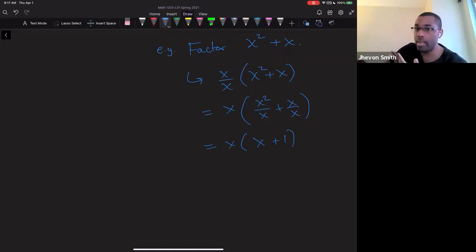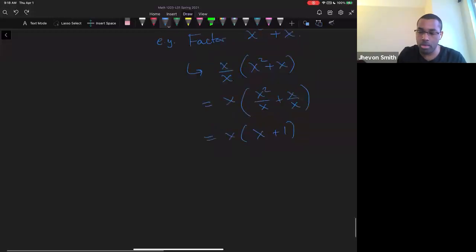I could have multiplied and divided by x squared and moved things in, but then I would get a 1 over x squared in this position. It wouldn't be convenient, right? Multiplying by x over x was convenient, right? Or multiplying by something else like 5 over 5, I could have done that. It would not be convenient though. It wouldn't give me the essence of what I want. I would just have a 5 on the outside, x squared over 5 plus x over 5. It wouldn't make a difference, right? The common term was the perfect thing to multiply and divide by in order to make some sort of useful rewriting of the thing.